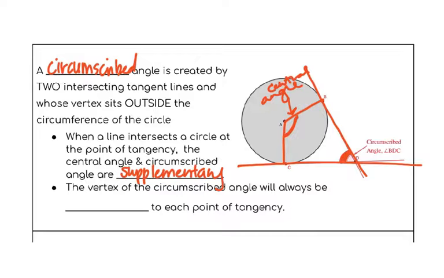Again, we know that the circumscribed angles have to sit outside of the circle's circumference. They are not going to be inside.